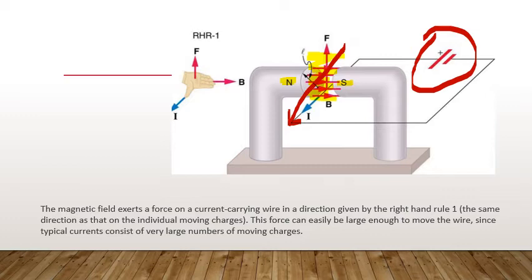Now, whenever we have a magnetic field here, the magnetic field moves from north to south, so the magnetic field exerts a force on the current carrying wire.